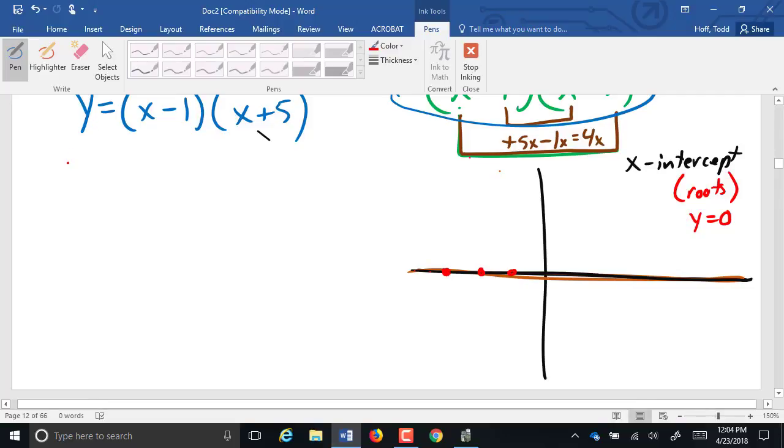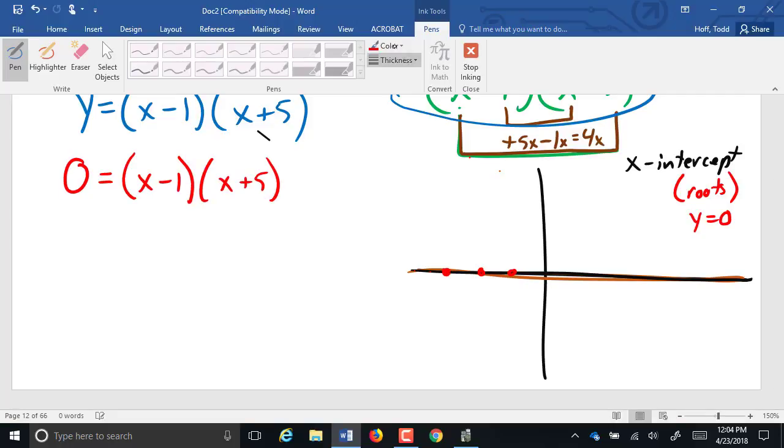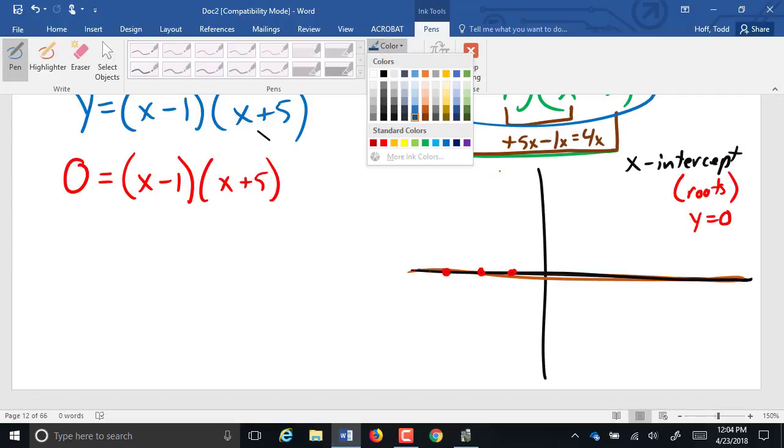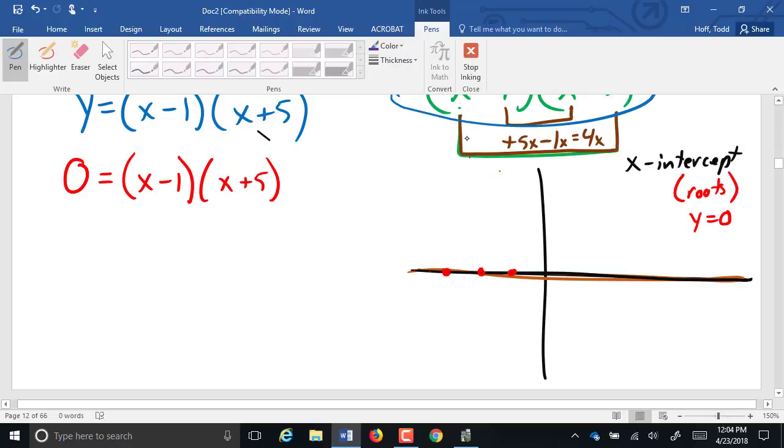So we go back to our original equation here. To find the roots, we let y equal 0. The reason we had to factor this is once this equals 0, now this becomes basically two linear equations that we can solve to find the roots.